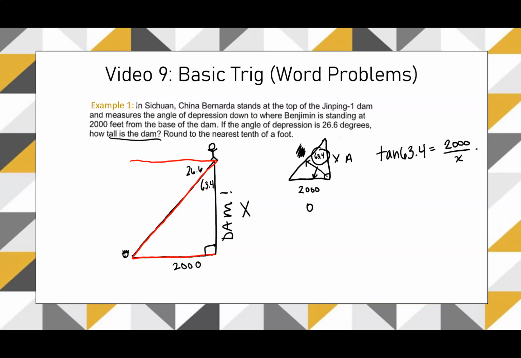Okay, now I'm going to multiply by X on both sides. That gives me X tangent of 63.4 is equal to simply, the X's cancel here, 2,000. Now I've got X times something. I want to get rid of that thing that's connected to the X, so I'm going to divide by tangent of 63.4.